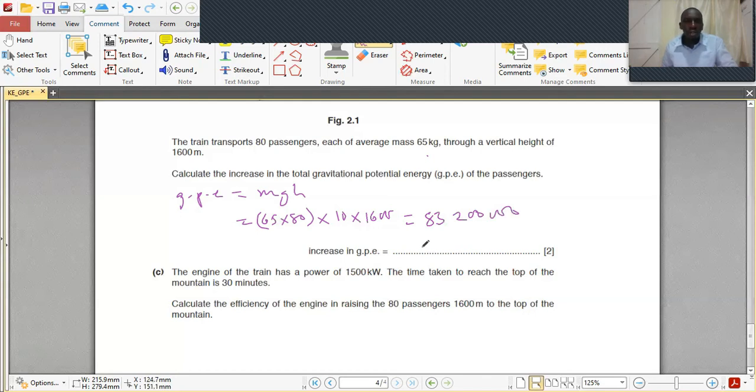So into two significant figures, that will be 8.3 times 10 power 7 joules. So that is the increase in GPE.